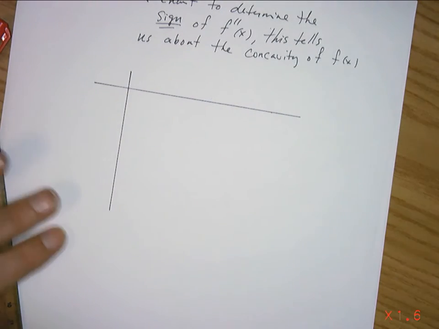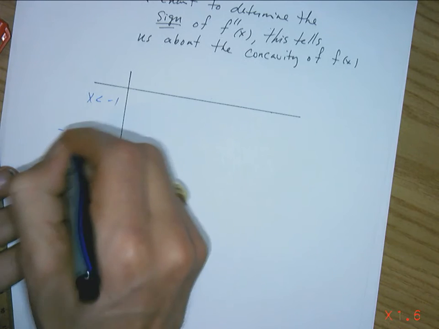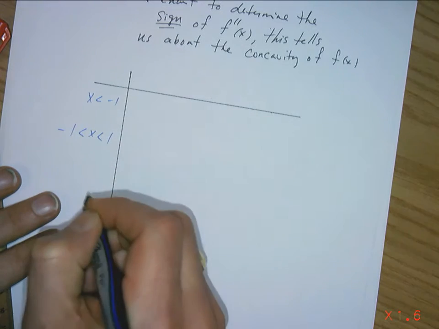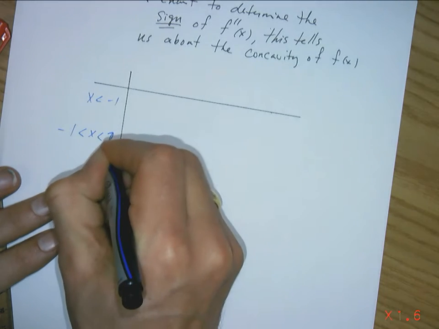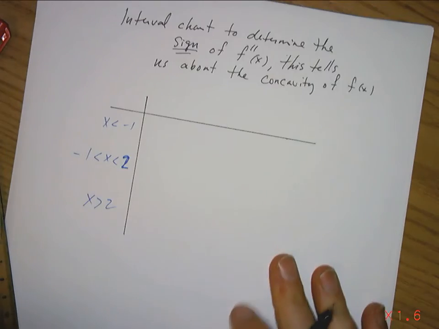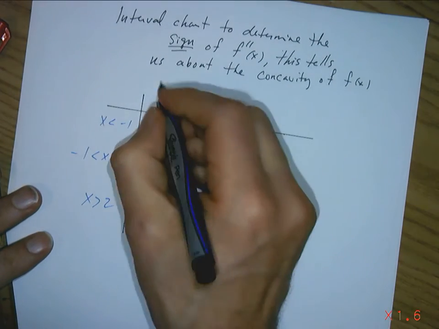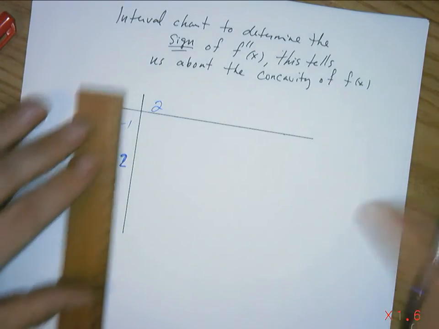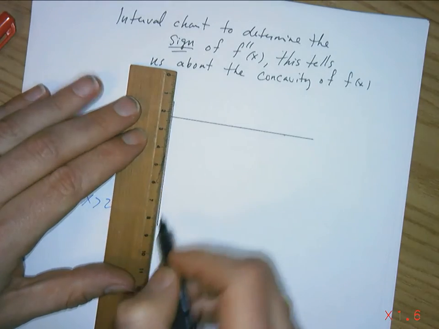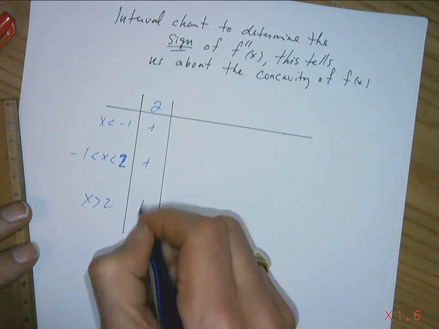Now the intervals are the easiest thing to put in first because we've talked about that. Oh, not 1, it's 2. Okay, those are your intervals. I'm interested in the sign of the second derivative, and that's going to be made up of a 2. Now, your teachers may have done this a little bit differently. I like to put the whole number there because it's going to be positive. We know 2 is always positive.